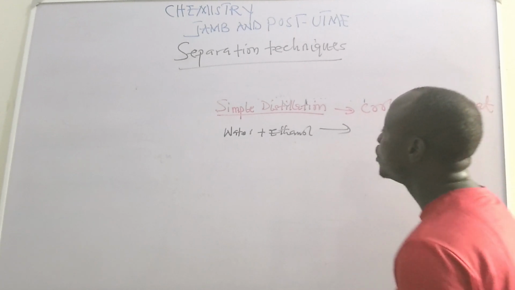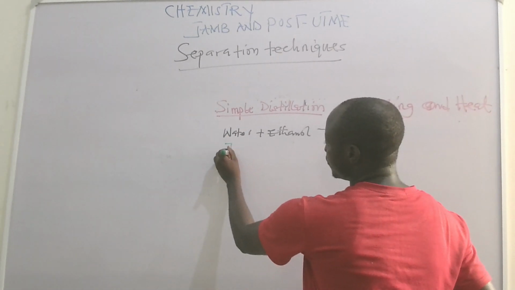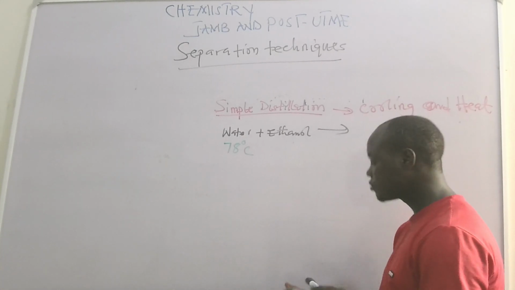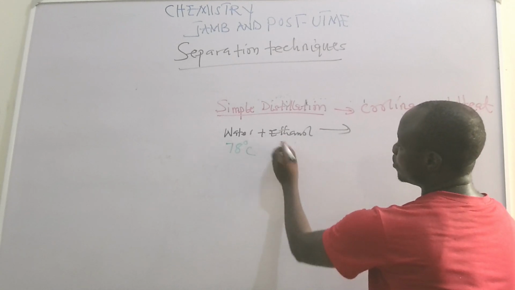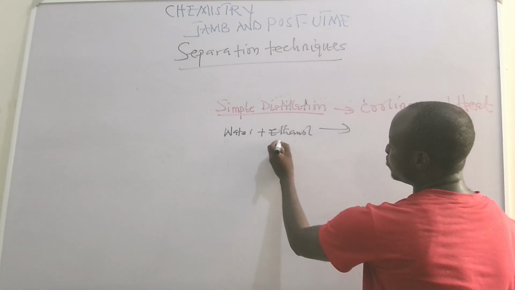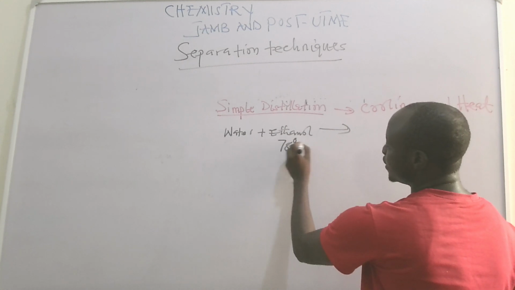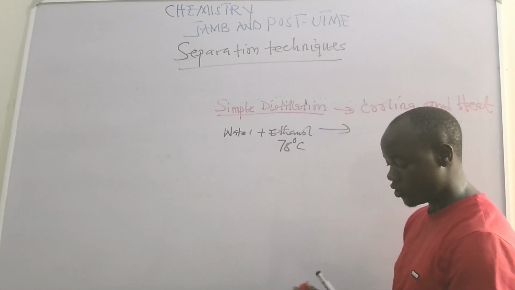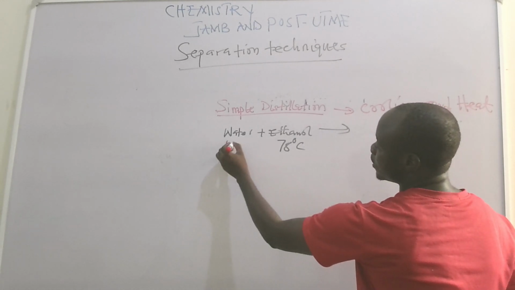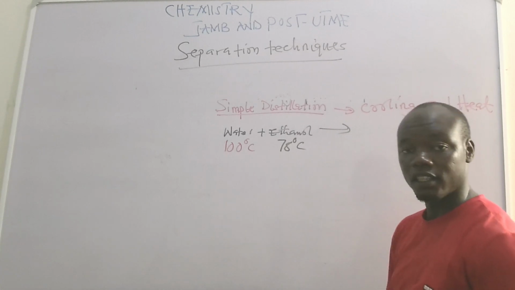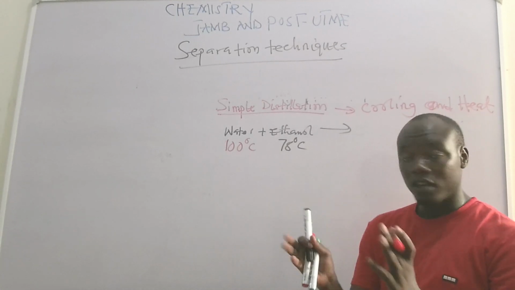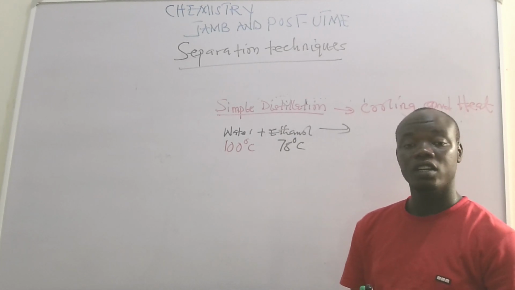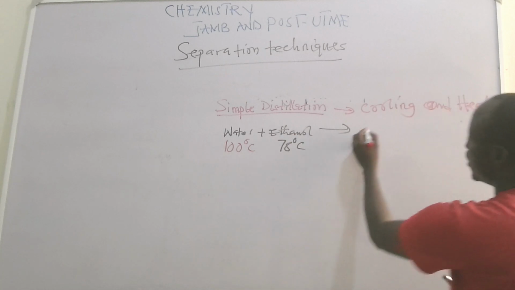And of course, ethanol has a boiling point of 78 degrees centigrade, and water has a boiling point of 100 degrees centigrade. So generally, we have what we call a simple distillation set-up.